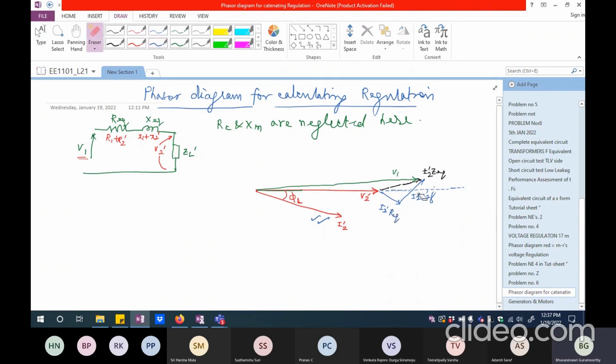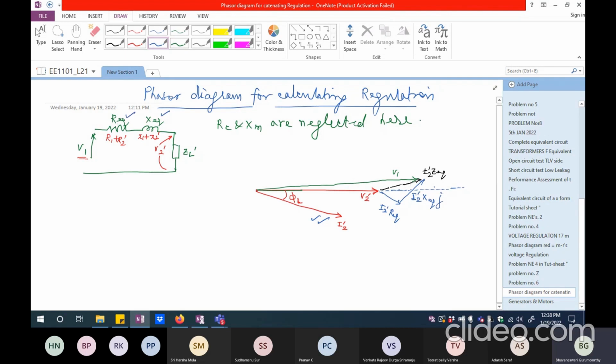Similarly, I should write here, perpendicular to whatever I have drawn, that which represents the reactance drop, which is I2 dash X equivalent times J. So this is the reactance drop in this particular reactance, and this is the resistance drop which takes place in this resistance.